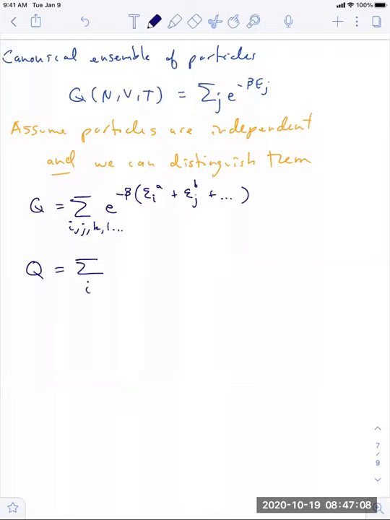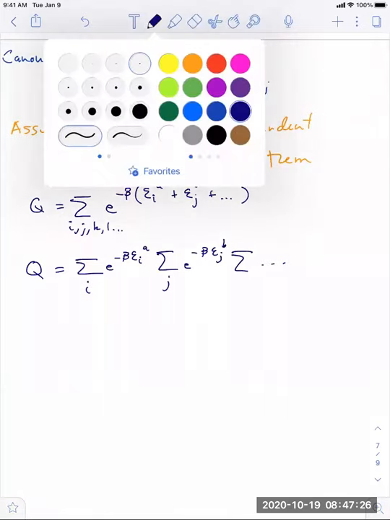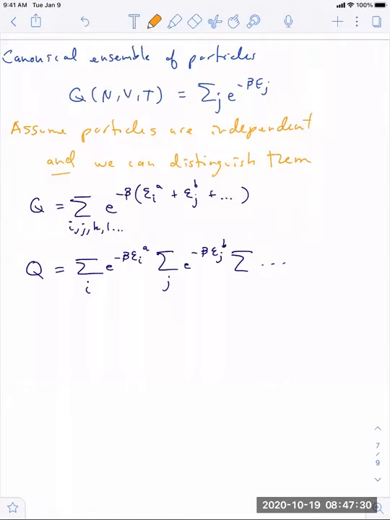So I could sum over all of particle A's states, multiply that by all of particle B's states, and so forth. And I can only do this because we've assumed that these particles are behaving independently.